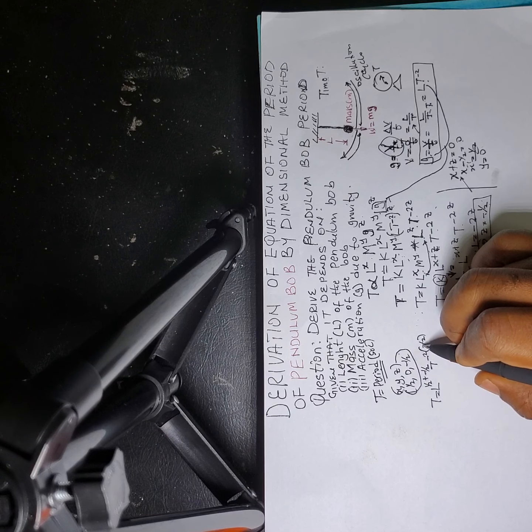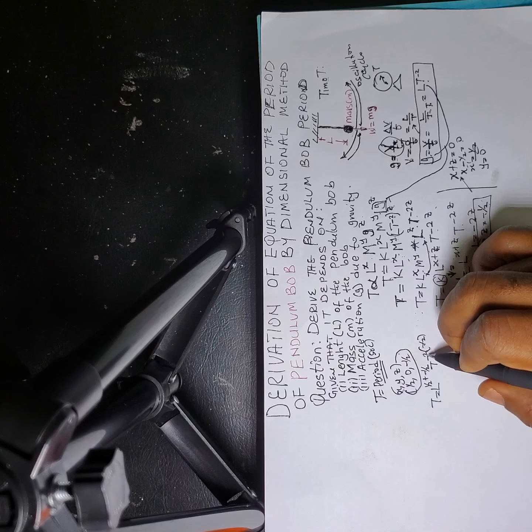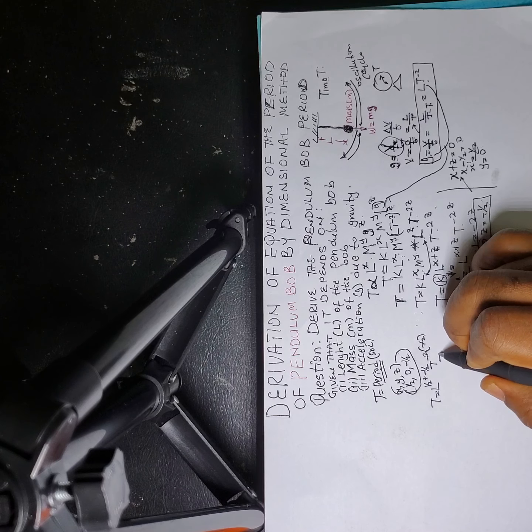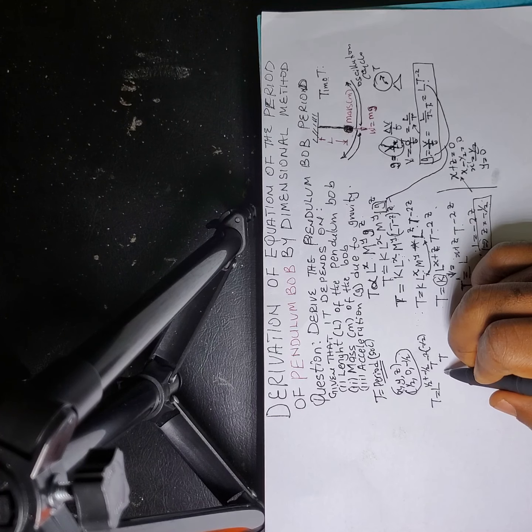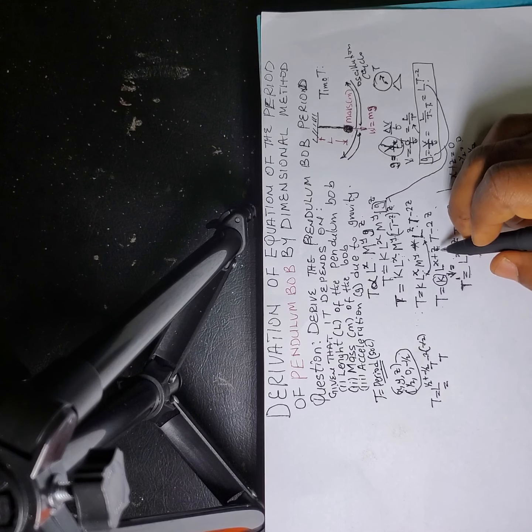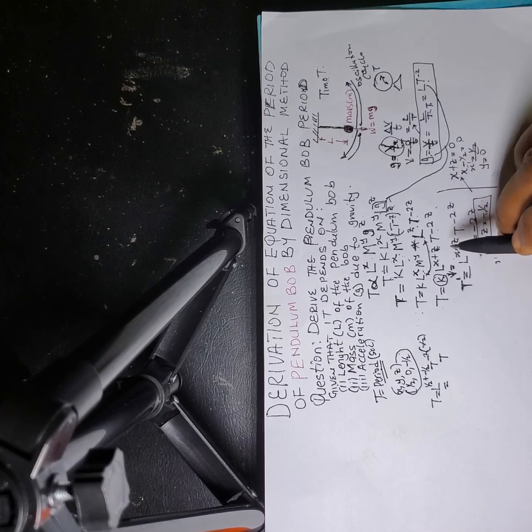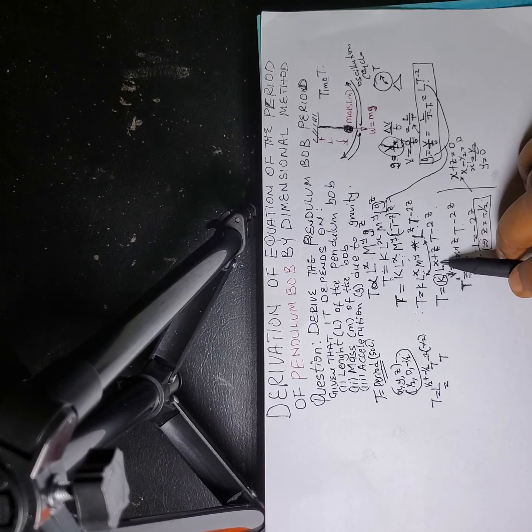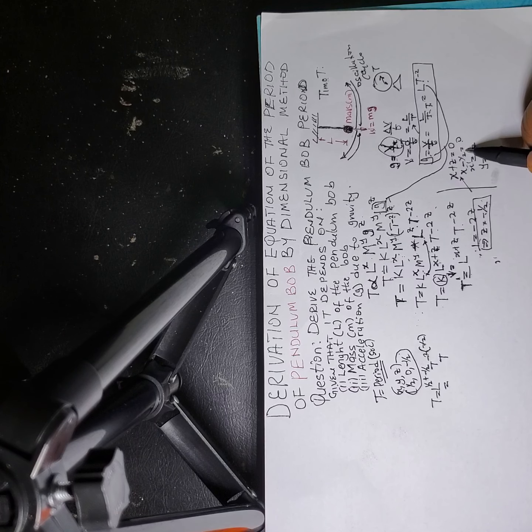So minus half times minus 2 gives us minus times minus is plus, 2 times half will give us 1. So this becomes T. And this L that I have here, we have gotten our x before to be half, and our z also minus half.